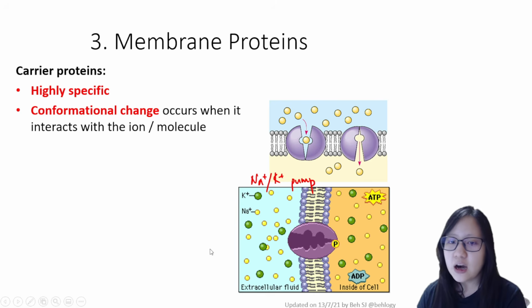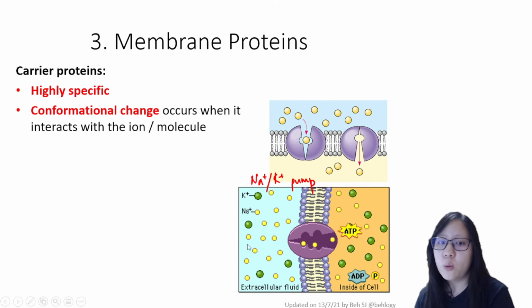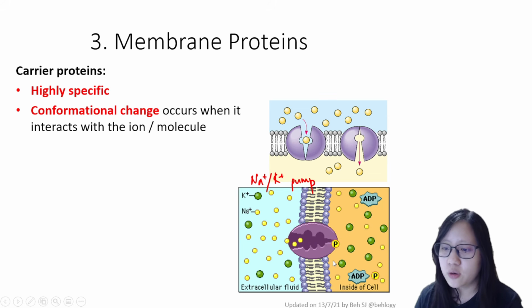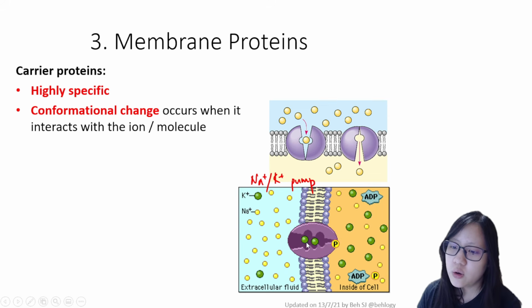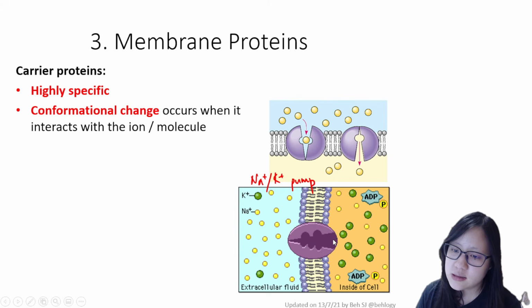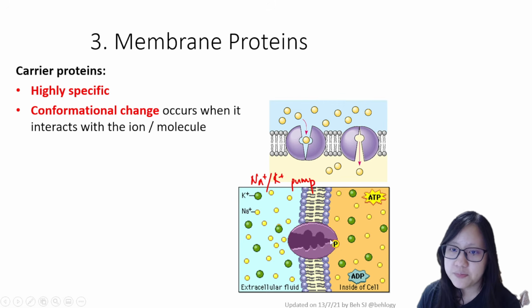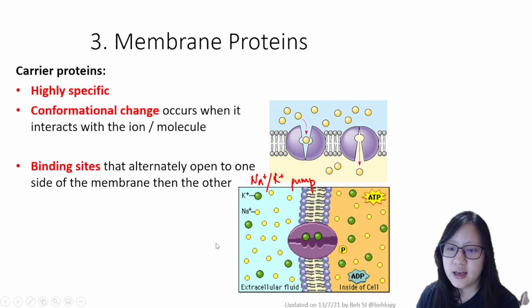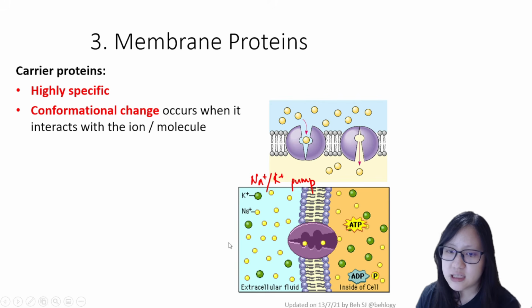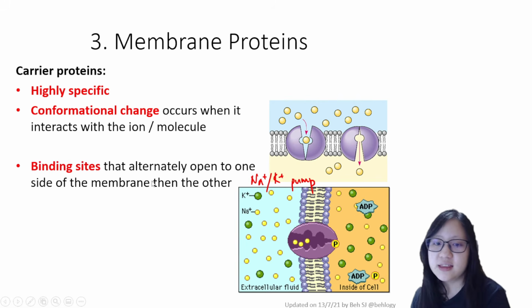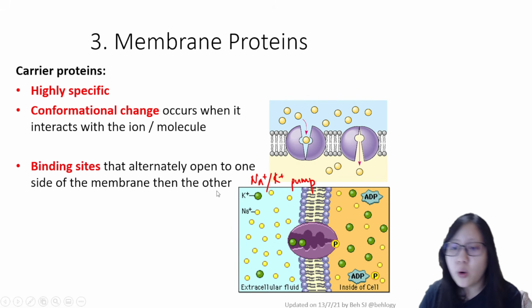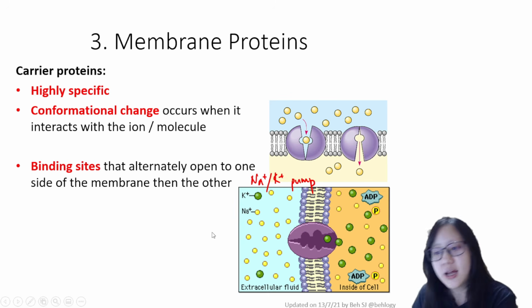And we can see how it has a conformational change that occurs when it interacts with the ion or molecule. You can see here how the 2 potassium binds and then it changes shape. It binds, then the whole thing changes shape, and then it releases it to the side. So we say that the binding sites alternately open to one side of the membrane and then another.